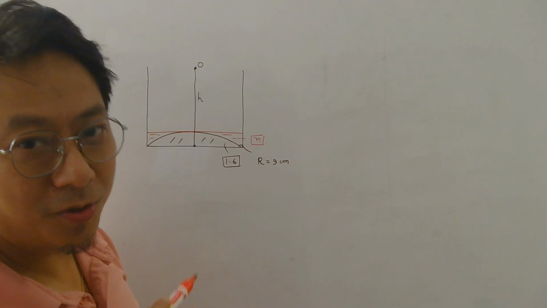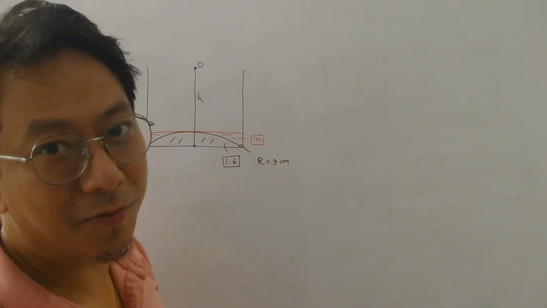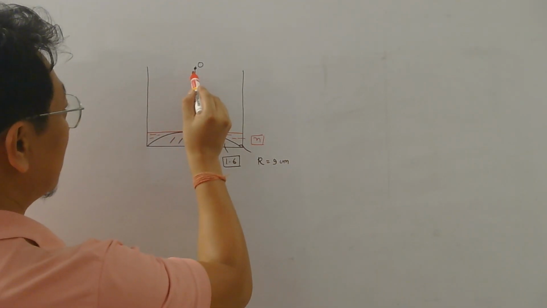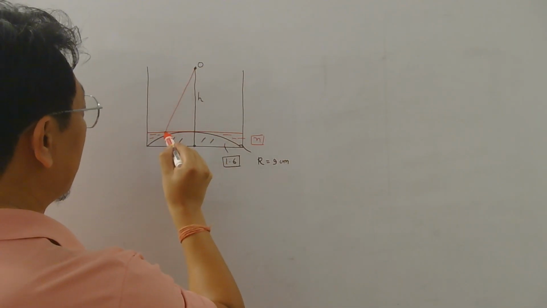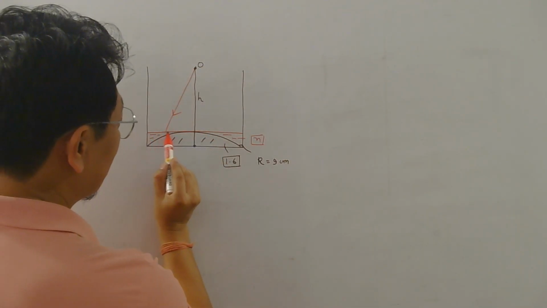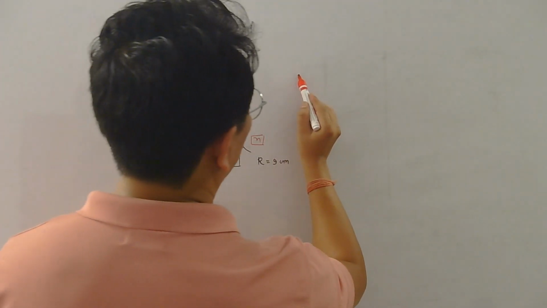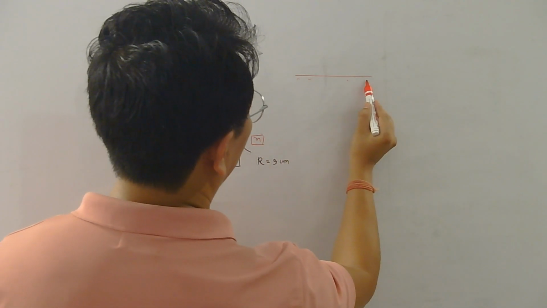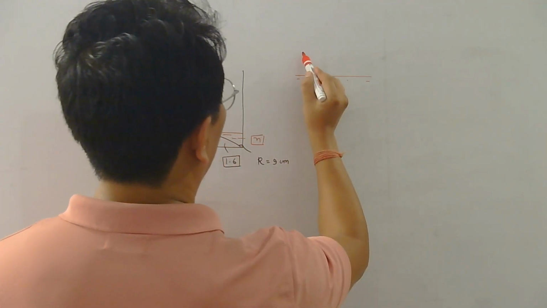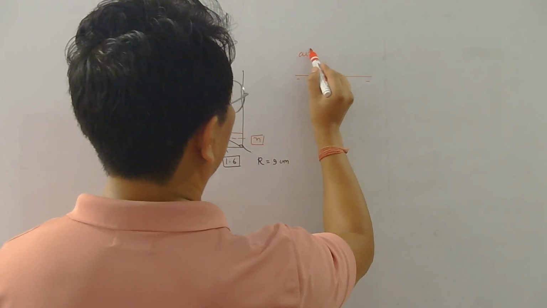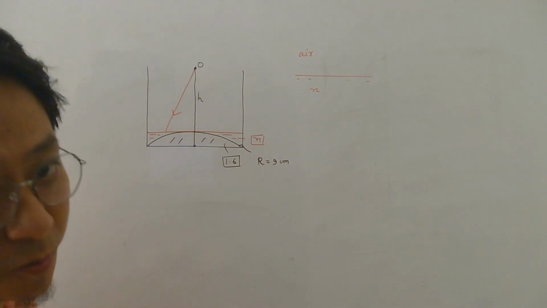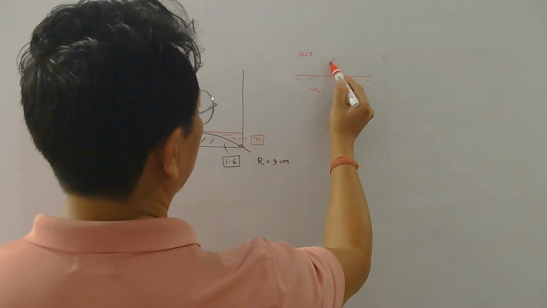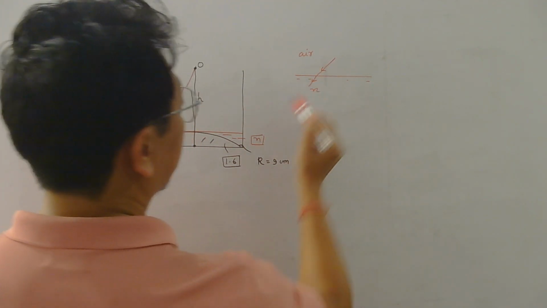Now let us try to do the same problem using the single surface formula. You can see first the light will pass through this surface, right? So if I draw that surface here like this, then this side the refractive index is n, and here nothing is mentioned, so we will assume air. So this light is going from here to here.